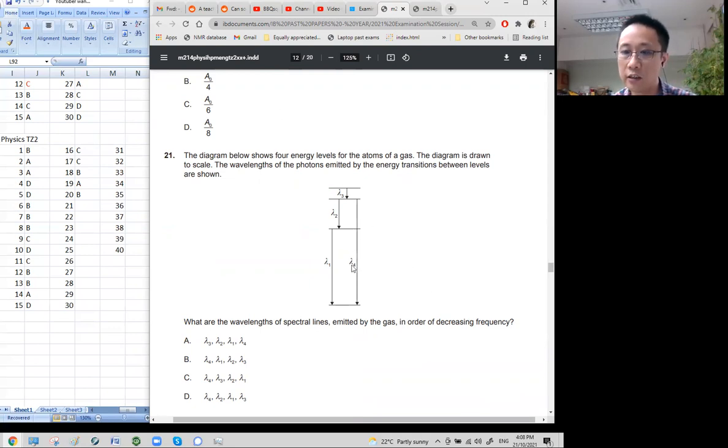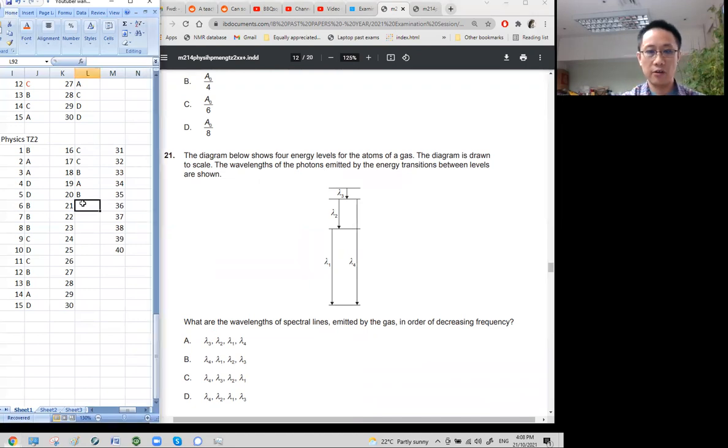And they want you to rank them in decreasing frequency, so lambda 4 goes first. Lambda 3 is the end for sure. So it should be lambda 4, lambda 1, lambda 3. They just very weirdly represent the question, but not difficult at all.